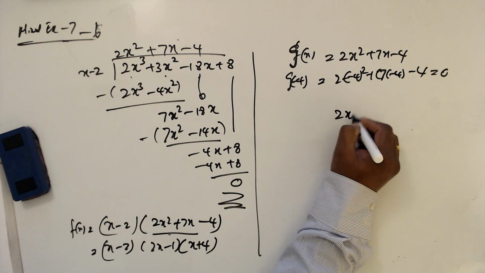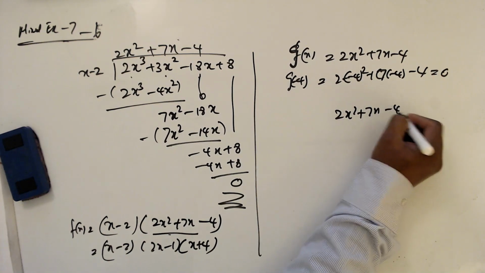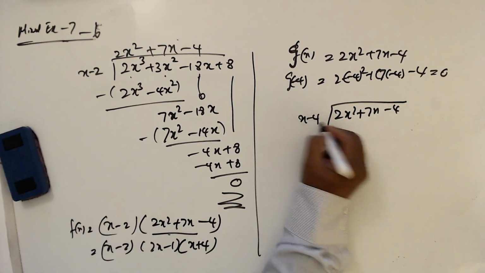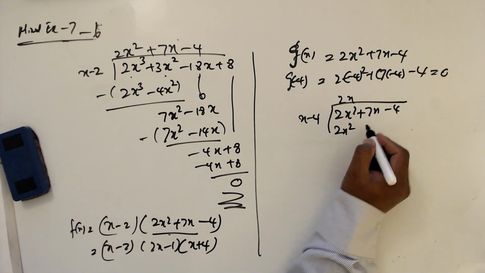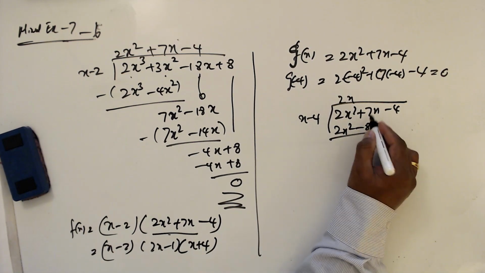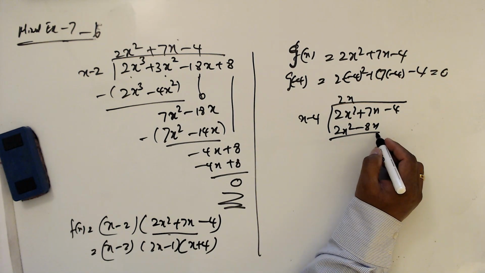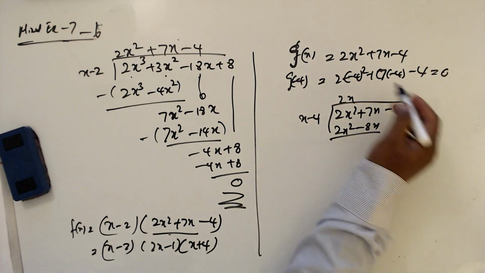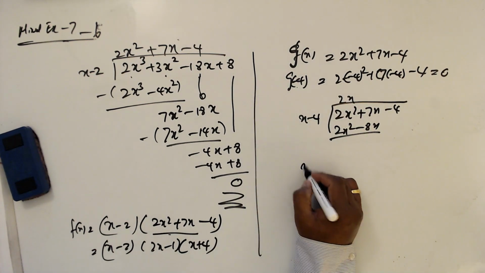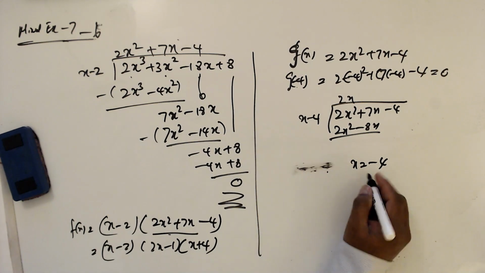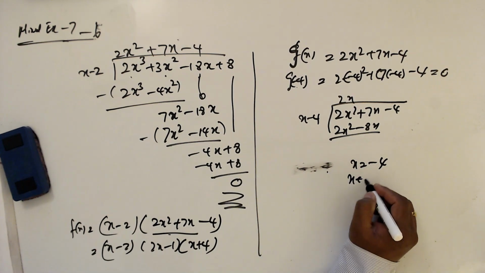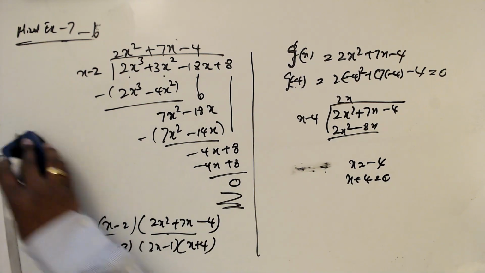Now 2x square plus 7x minus 4 divided by x minus 4. Sorry, x equal minus 4 is a root, not x minus 4.